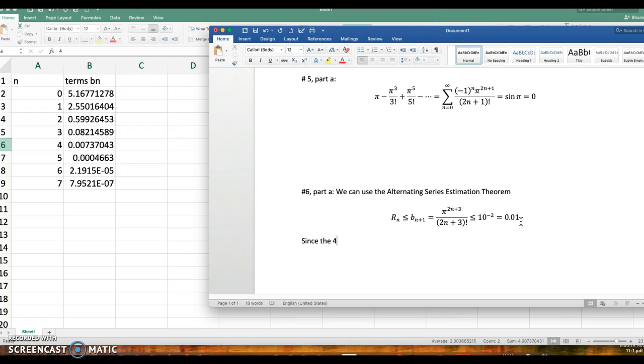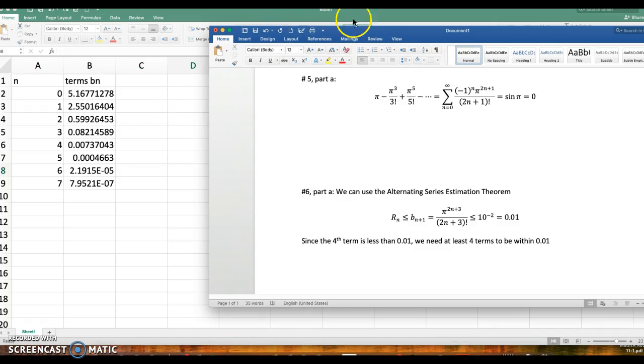Since the fourth term is less than 0.01, we need at least 4 terms to be within 0.01. All right, and that is it.